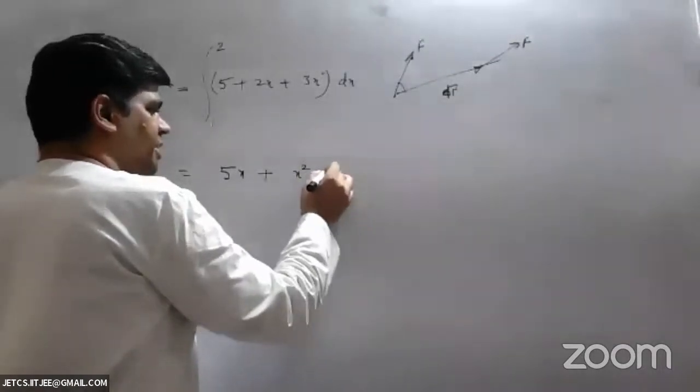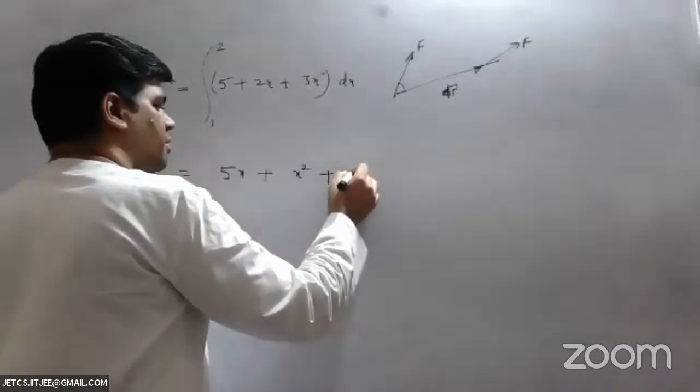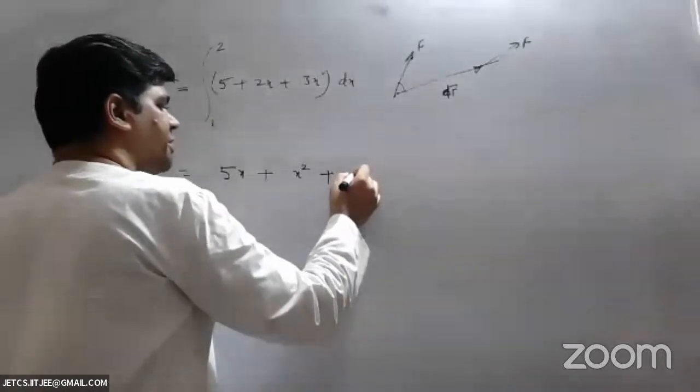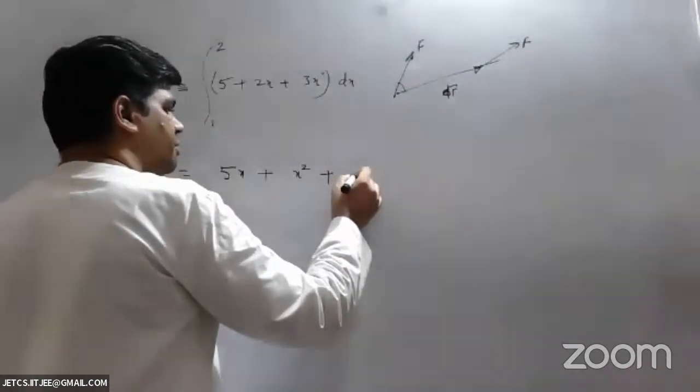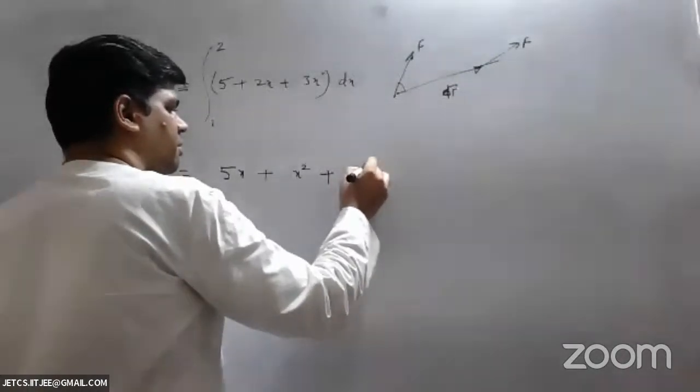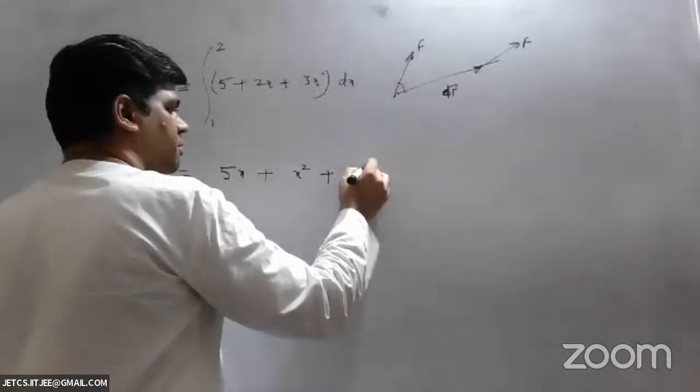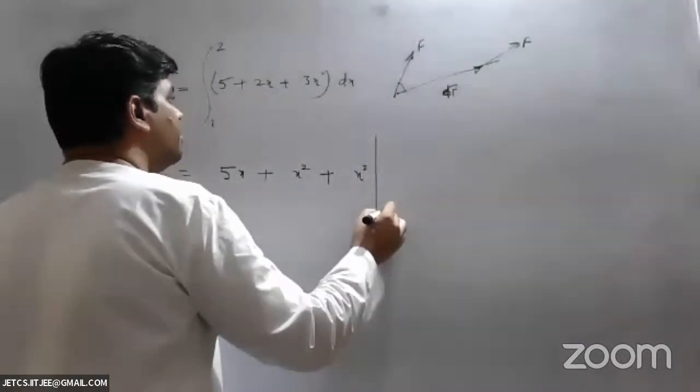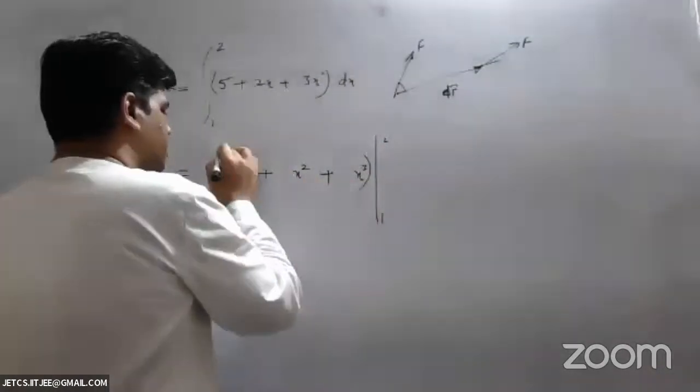Correct. So the 2 gets cancelled, and I get x square. For 3x square, the integral is 3x cubed by 3. The 3 gets cancelled, so x cube. So limits 1 to 2.